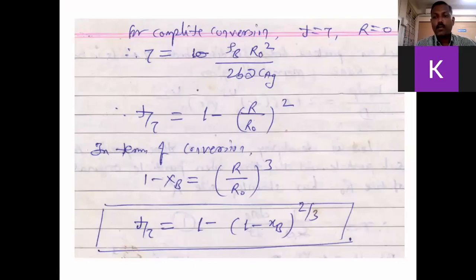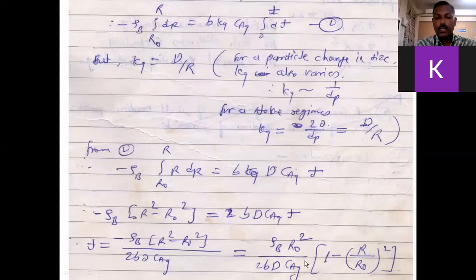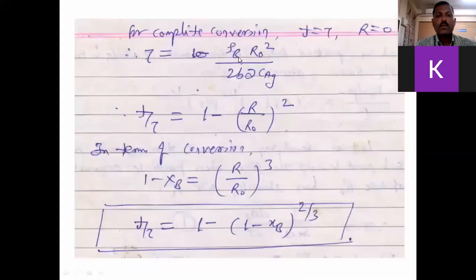Means for complete conversion of the particle, r equals 0, the size will be 0, and t equals tau. In this equation when r is 0, this term is 0 and this bracket is 1. So only rho b into r naught square upon 2b D into Cag remains, and t equals tau. So tau is equal to rho b into r naught square upon 2b D into Cag.